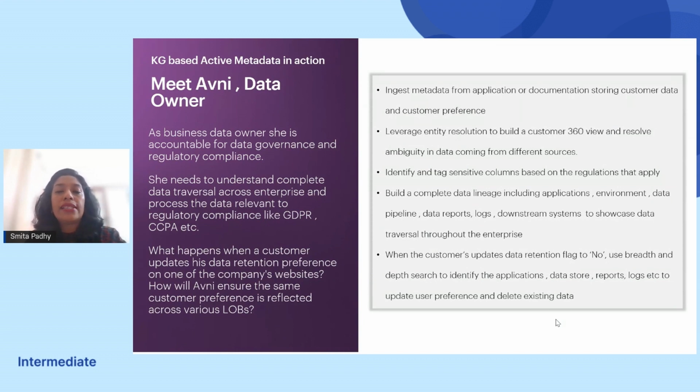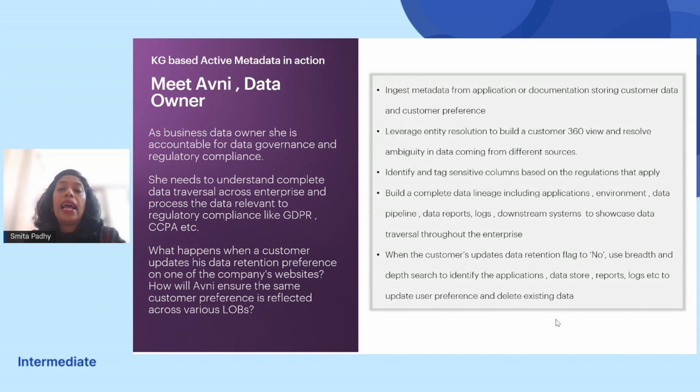We start with ingesting metadata from different sources hosting customer information, and extracting customer knowledge from documentation. So bring the metadata and the information together. Leverage entity resolution to build a customer 360 view and resolve any ambiguity in data as it comes from different sources. Bring in the regulatory data and connect it to identify and tag sensitive columns.